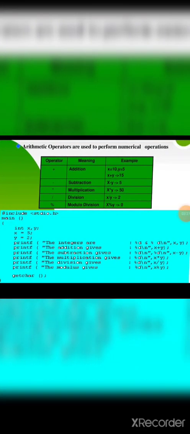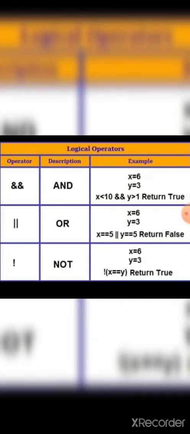Next comes the logical operator. All right, so you have to revise which category comes in which operator. In the logical operator, the first operator is AND, the second is OR, and the third is NOT.